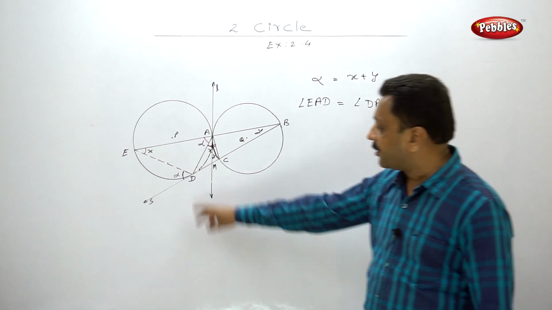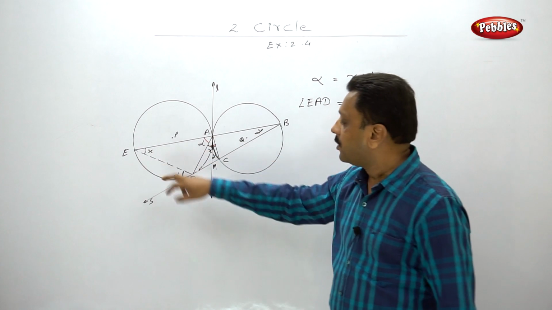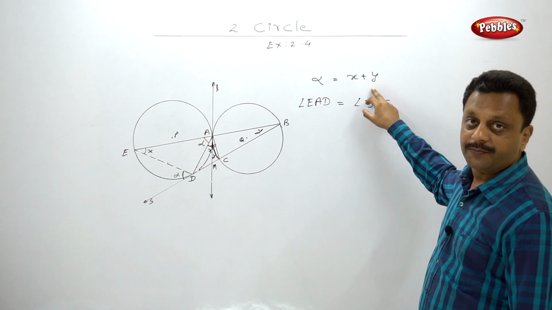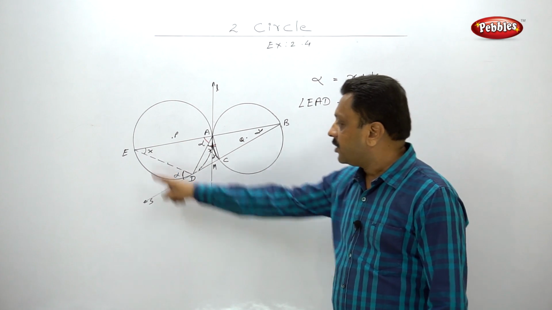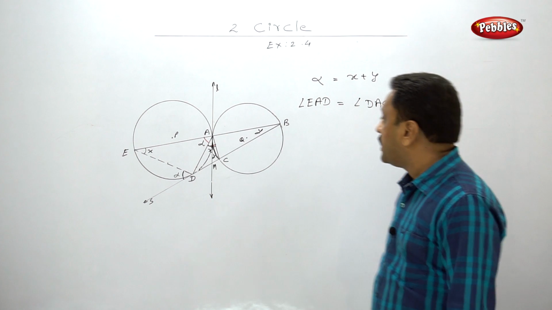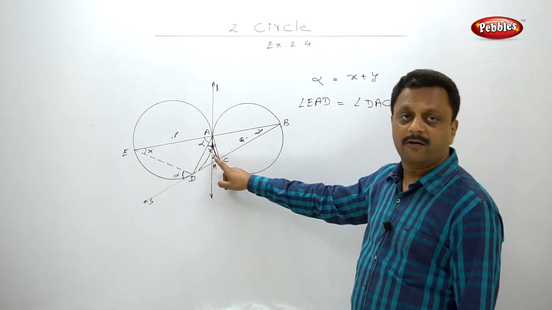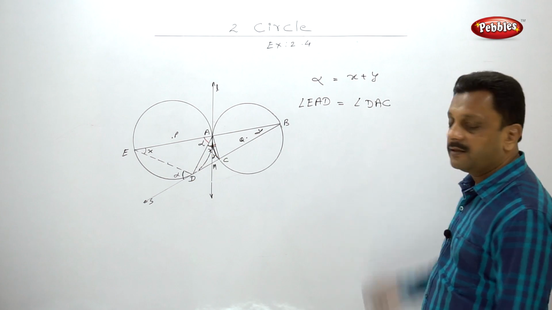Now I have taken this bigger triangle. In this bigger triangle, this angle alpha is the exterior angle, so it is equal to the sum of the remote interior angles. So this is equal to x plus y. So my alpha is nothing but EAD, and my x plus y are here also. So x plus y are nothing but DAC.